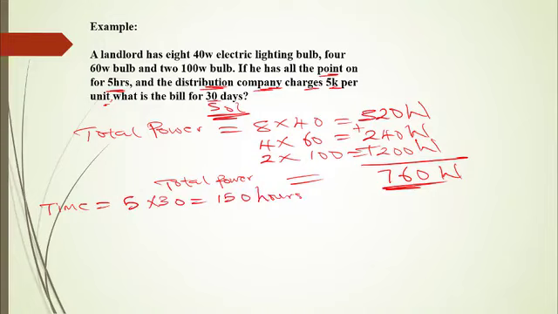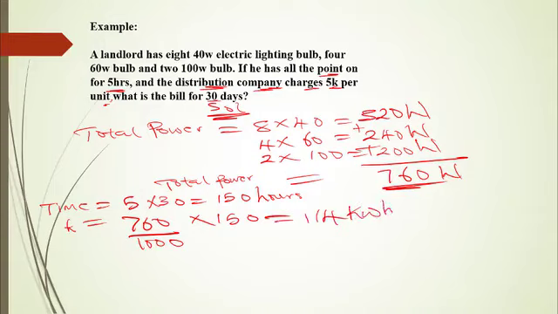So the total electrical energy consumed by this man, I'm going to use E to represent that, is 760 divided by 1000, which gives us kilowatts, and then we multiply it by the total time spent using all these appliances, and we have 114 kilowatt hour. This is the total electrical energy E that was consumed by this man.